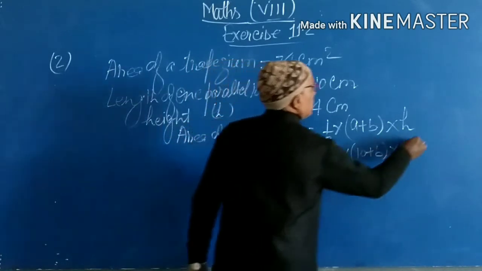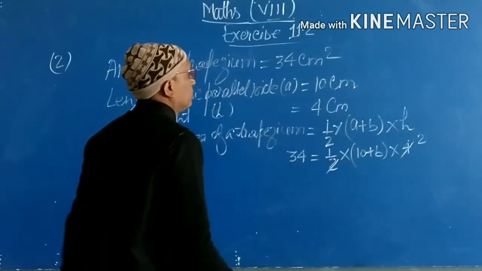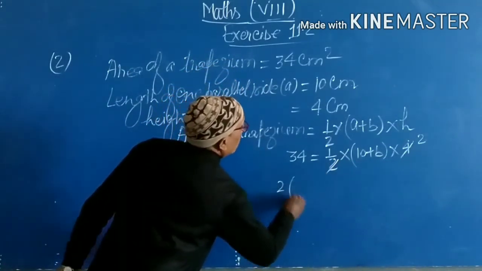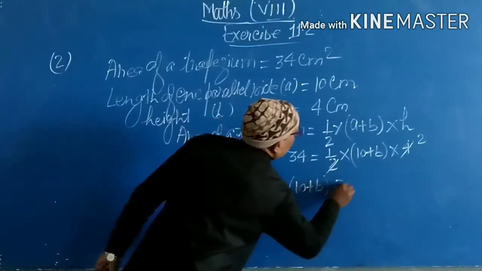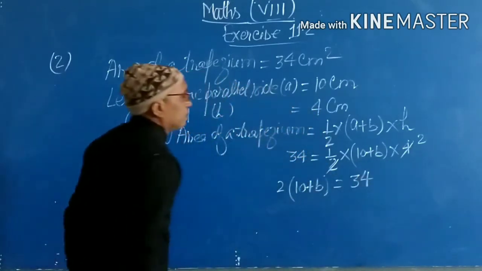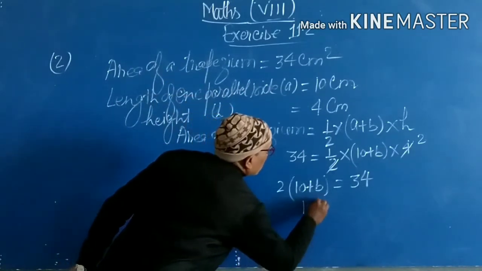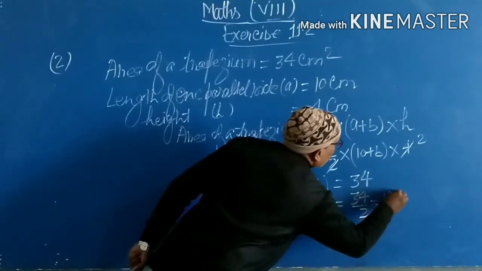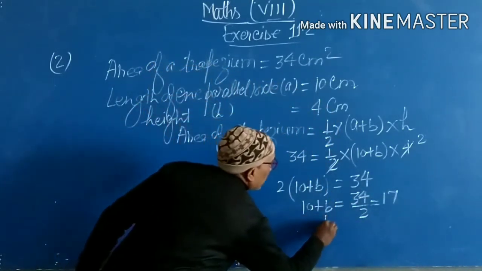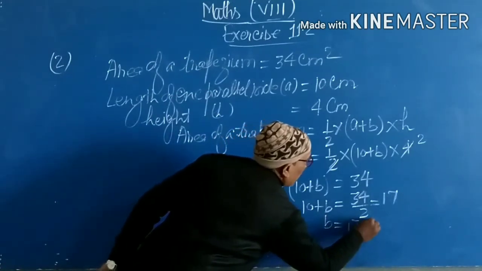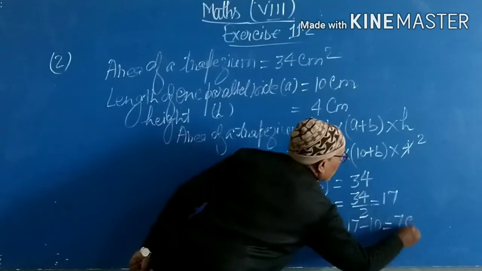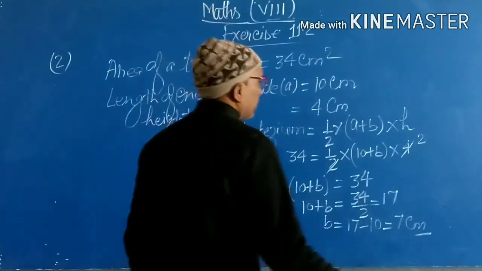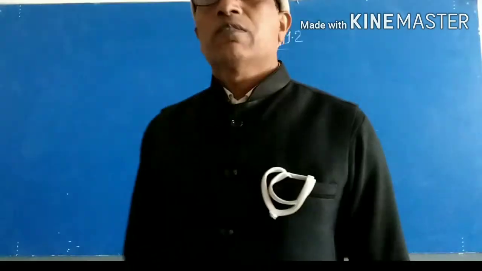You divide 4 by 2, you get 2. Then 2 into (10 plus B) is equal to 34. Then 10 plus B is equal to 34 upon 2, that is 17. Then B is equal to 17 minus 10, that is 7 centimeter. This is the length of the other parallel side, 7 centimeter. This is your answer.